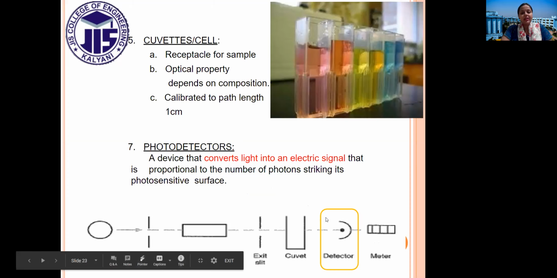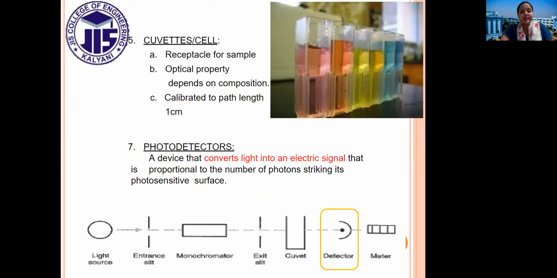Next is the photodetector, a device that converts light into an electric signal that is proportional to the number of photons striking its photosensitive surface. So what are the different components that we have studied till now? First is the light source, then the entrance slit, then the monochromator, then the exit slit, then the cuvette, and next is the detector.